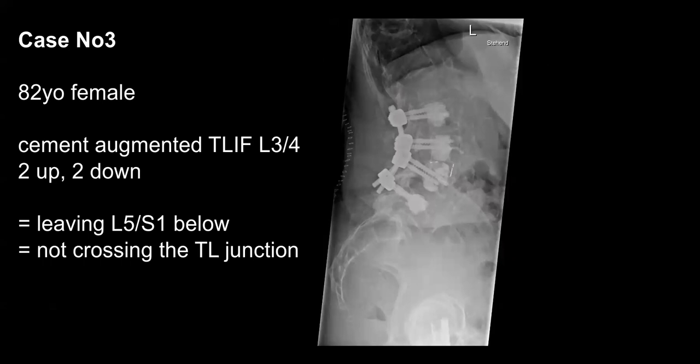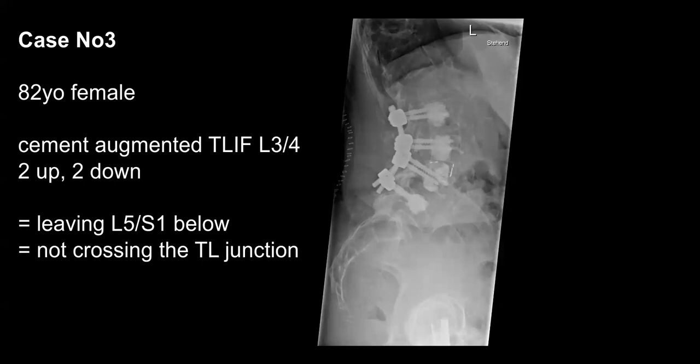I went 2 up to L2. Then I went to L5, and I left L5 as 1 below, and I didn't cross the junction, didn't stop at T10. So I did the shortest construct that made sense in my opinion.